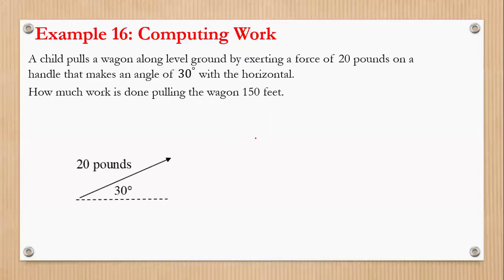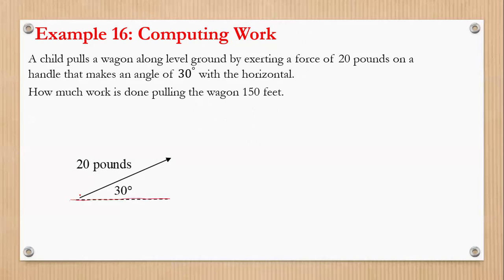For example, it says a child pulls a wagon along level ground by exerting a force of 20 pounds on a handle that makes an angle of 30 degrees with the horizontal. That's the ground.